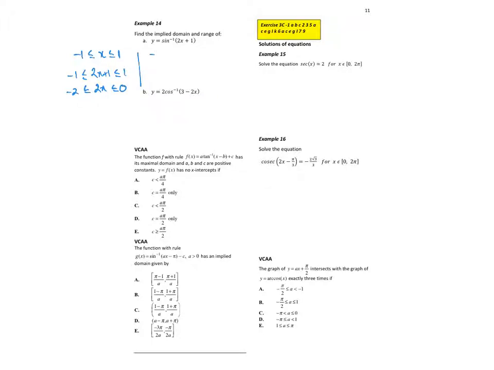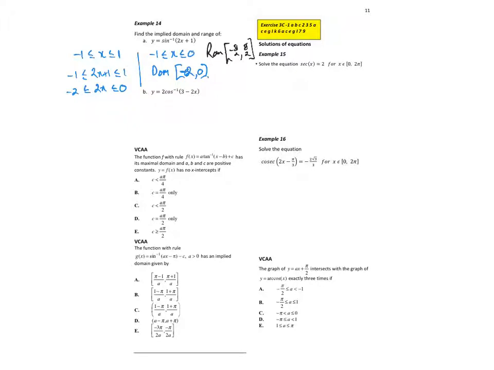Divide by 2, we get -1 is less than x, which is less than 0. So a domain of -2 to 0. And the range hasn't changed. So my range for my sine graph is still from negative pi on 2 to pi on 2.